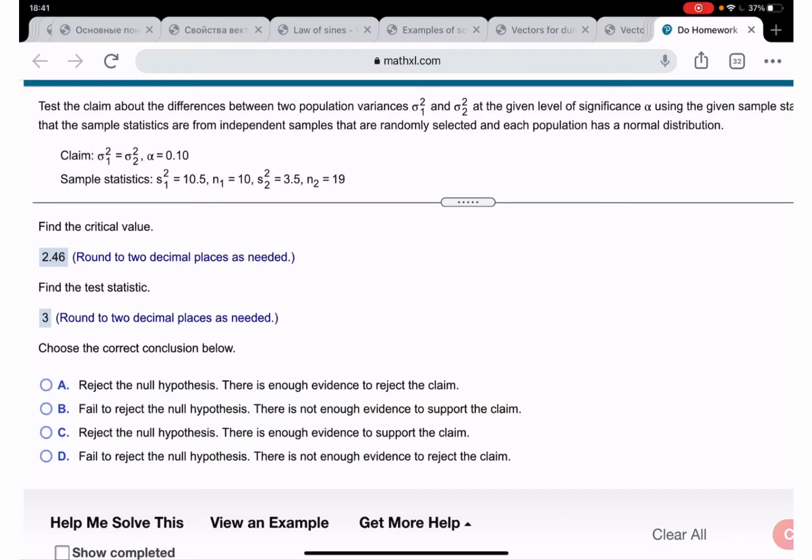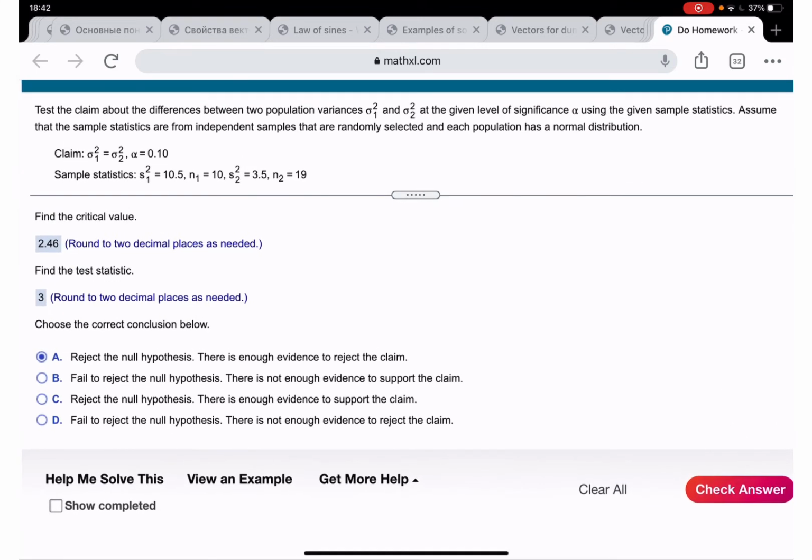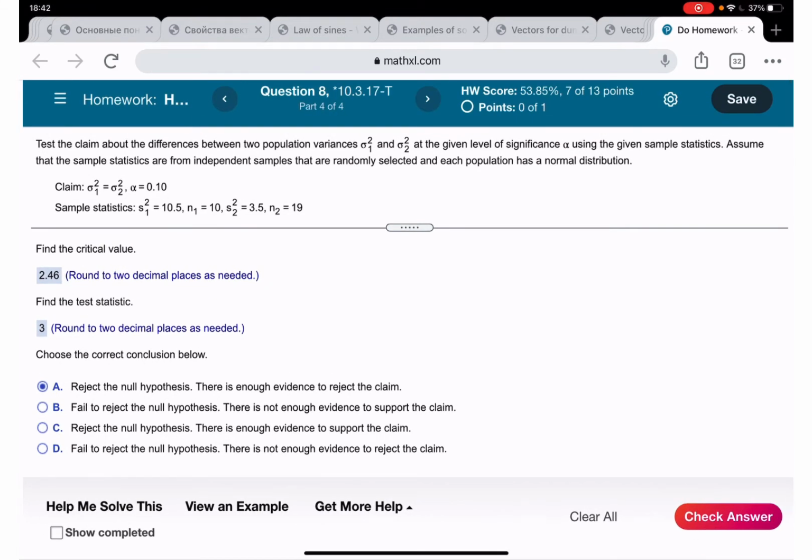We have the test statistic greater than the critical value, which means we're going to reject the null hypothesis, and the null hypothesis is our claim. That means if we reject the null hypothesis, there is enough evidence to reject the claim. That is the answer, because the null hypothesis is cooperating with the verbiage reject.